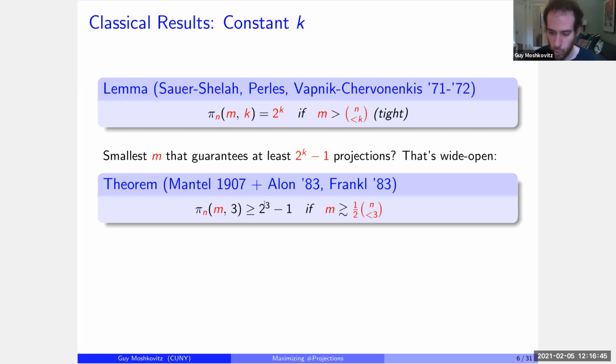And if you have a row with 1 at the ith entry and the jth entry, then you would have an edge connecting vertex i and vertex j. And 3 coordinates would give you all 7 projections. In particular, on those 3 coordinates, you will get 1, 1, 0, 1, 0, 1, 0, 1, 1.